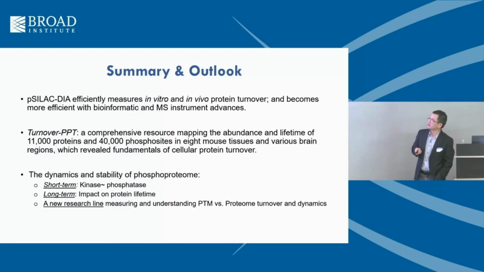And I think it's also interesting from a phosphoproteomic perspective, because normally, we care a lot about kinase and phosphatase, this short-term regulation of phosphorylation. But in the longer term, this approach might be able to help us find certain phosphosites that could impact protein stability and expression, and that could be some new research line to think about in the future.